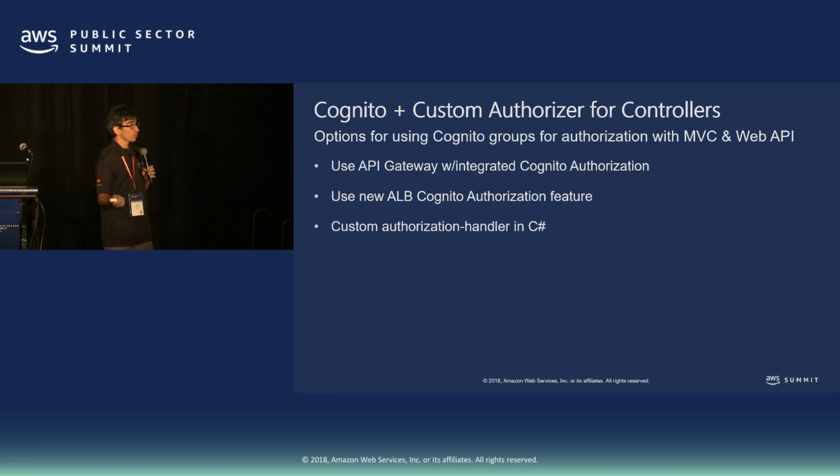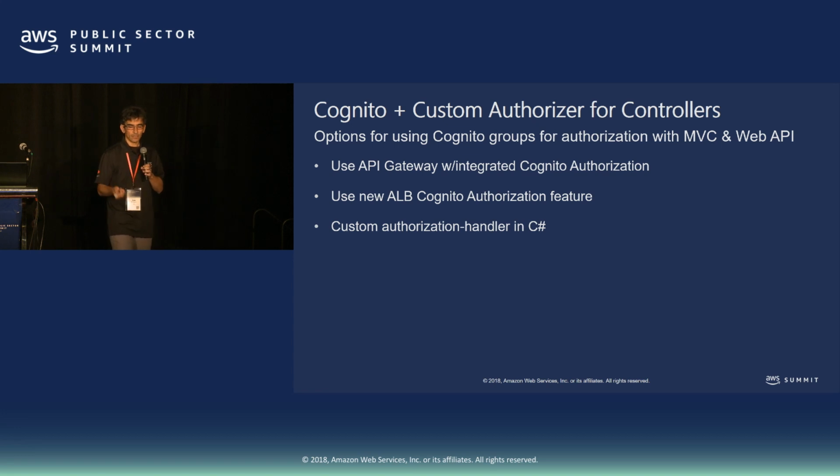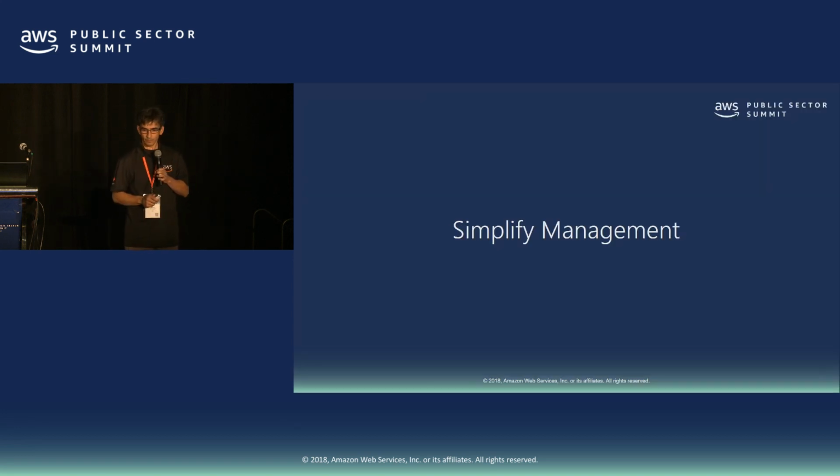And finally, if you don't want to use API Gateway or a load balancer, you can use C# middleware. If you develop in C#, you can develop your own middleware that connects to whatever identity provider you want to give you the token. So it's easy for you to implement any other type of provider.